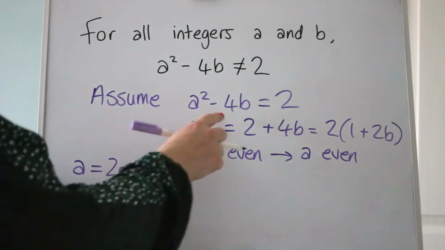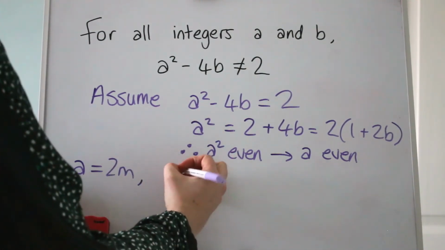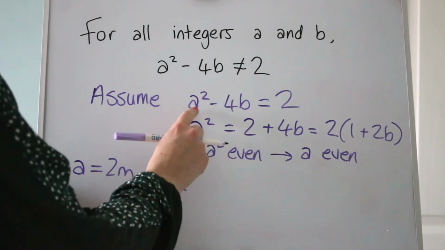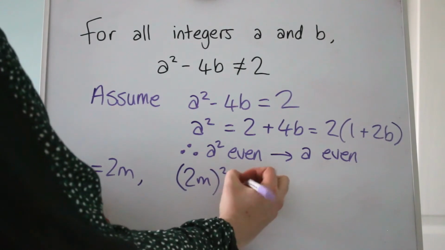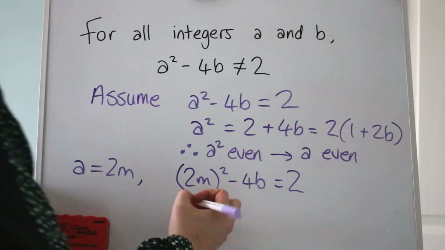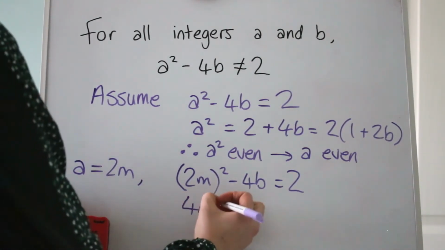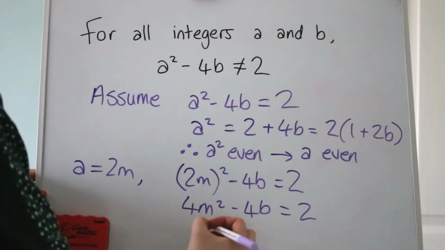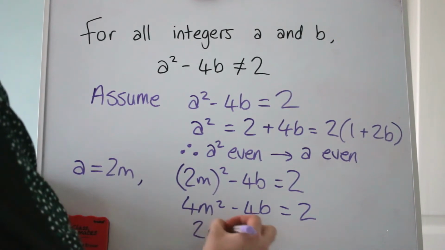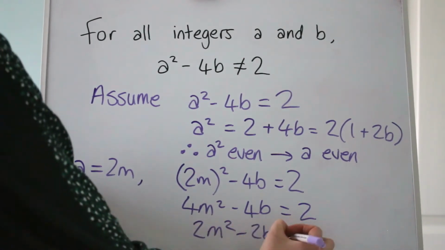And then we can put this back in to where we started, so substituting that back into the beginning here, 2m squared minus 4b, expanding that out, and now we can halve all of that to get 2m squared minus 2b equals 1.